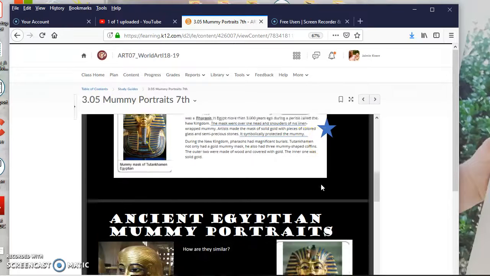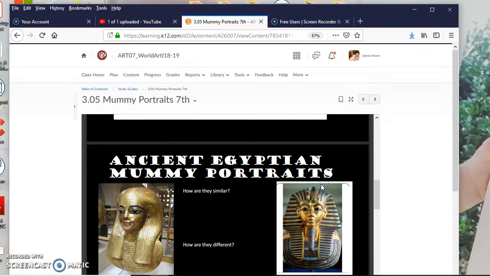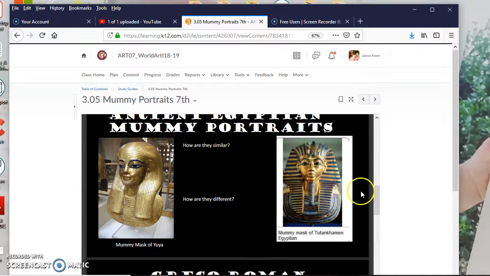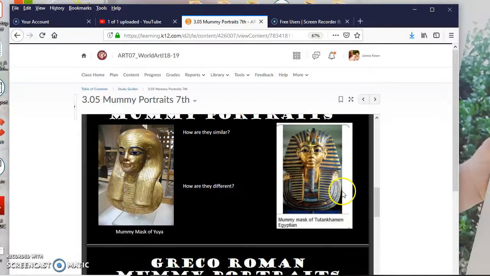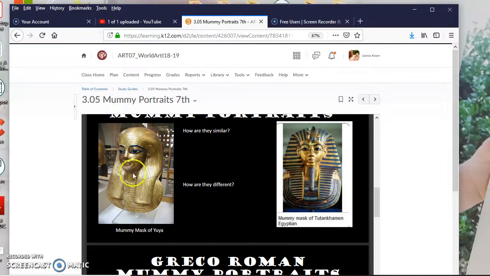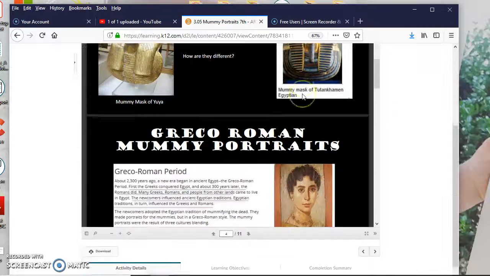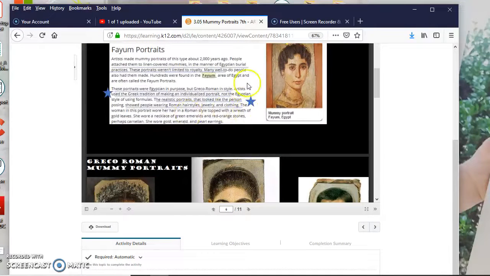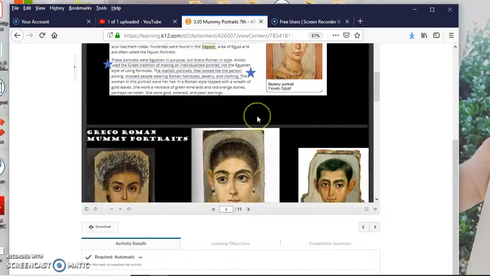That means it's going to be on your quiz, okay? And then sometimes I'll ask you questions like, how are they similar, how are they different? But all of that is preparation for your quiz because you're going to have questions about the mummy mask, okay? All right, and again here, underline information with stars by it. That means it's going to be on the quiz.